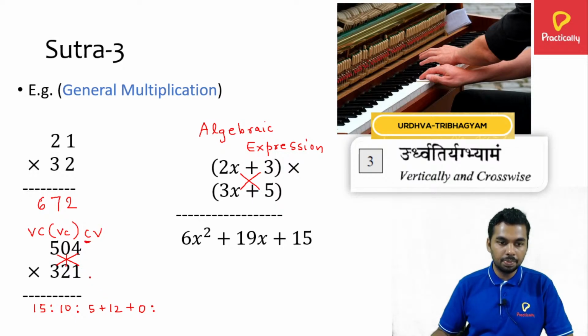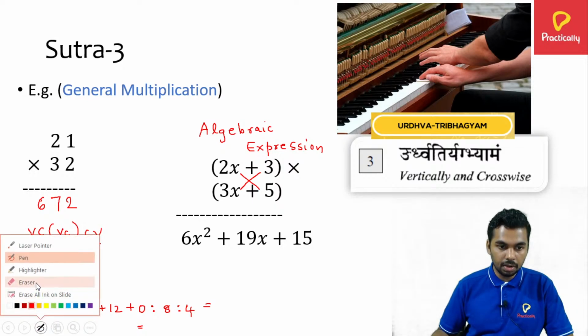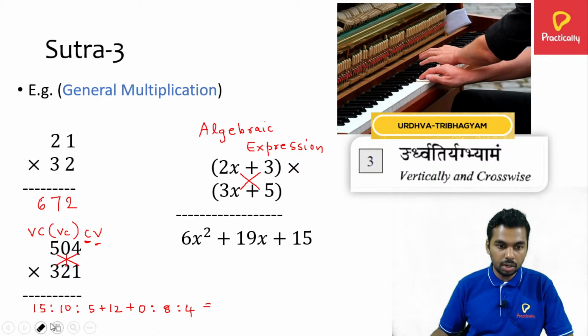Now we are in step number 4, which is crosswise, 0 multiplied by 1, 0, plus 4 multiplied by 2, which is 8, colon. The last multiplication is vertical, step 5, 4 multiplied by 1, which is 4. So the answer is going to be, I'll write the answer here. Now you have to consider where there are carries. Whenever there are 2 digits, you have to consider carries.